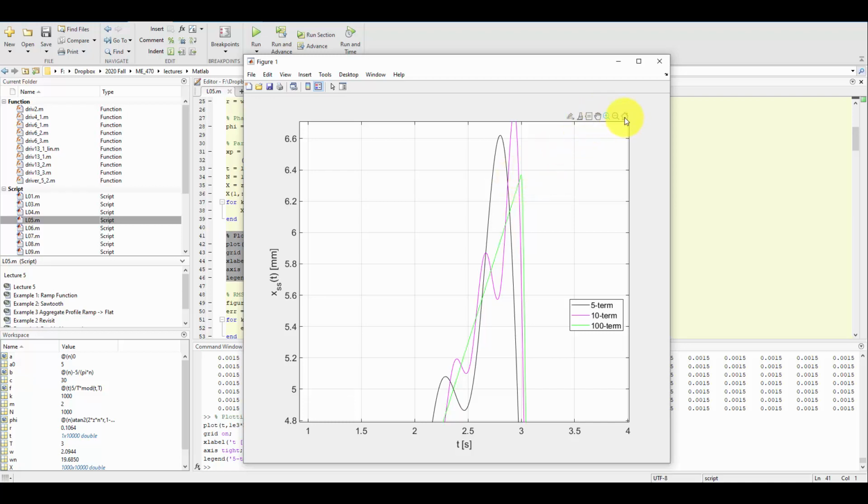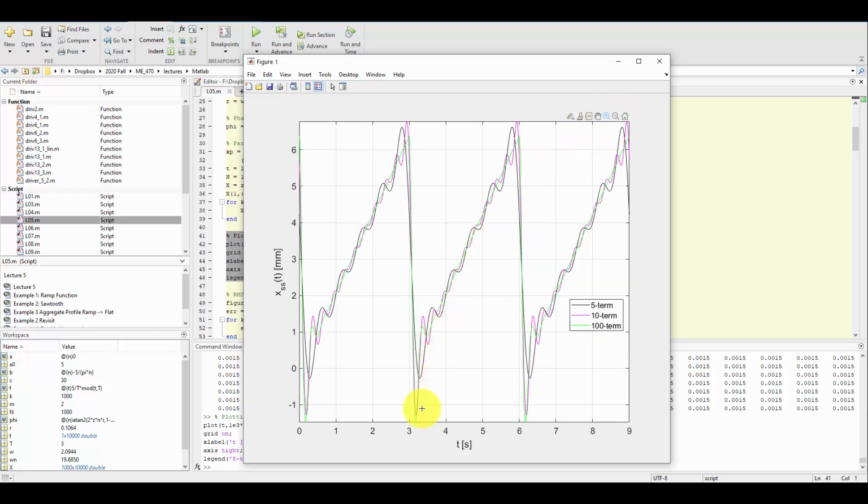And I have a little bit of undershoot at the bottom as well. But at least graphically, it looks like those extra oscillations go away as I start adding more and more terms to my steady state or my particular series. So 100 terms looks visually to be pretty good for what the steady state behavior of this system is.